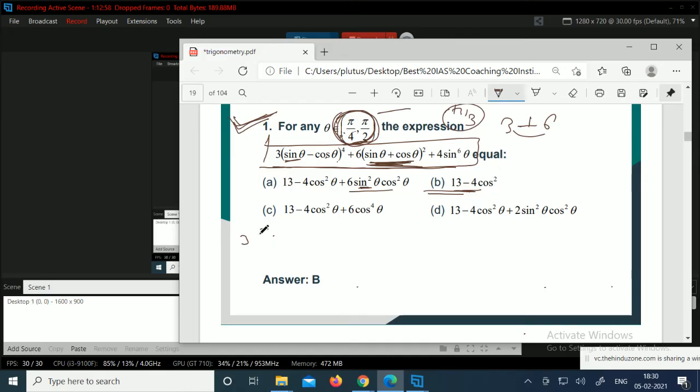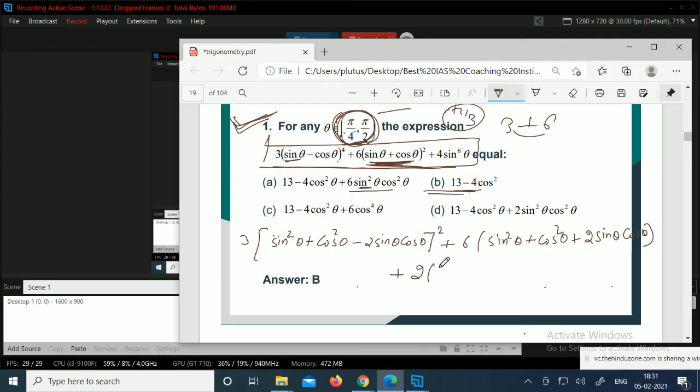If I make the square of this, sine square theta plus cos square theta minus 2 sine theta cos theta, and to the power 2, and this is 6 sine square theta cos square theta, and this is 2 sine theta cos theta, and we can rearrange this as 2 into, let us take this as same, 4 sine 6 theta.